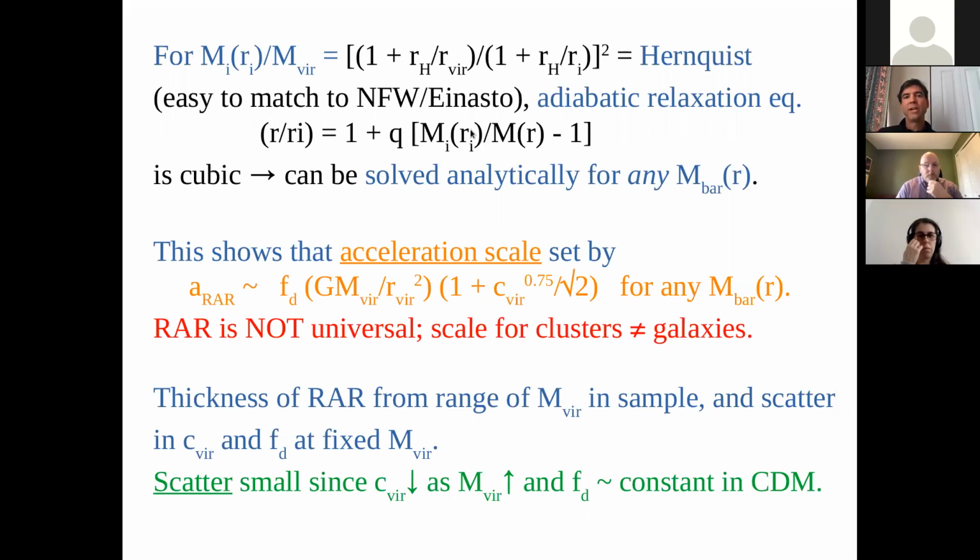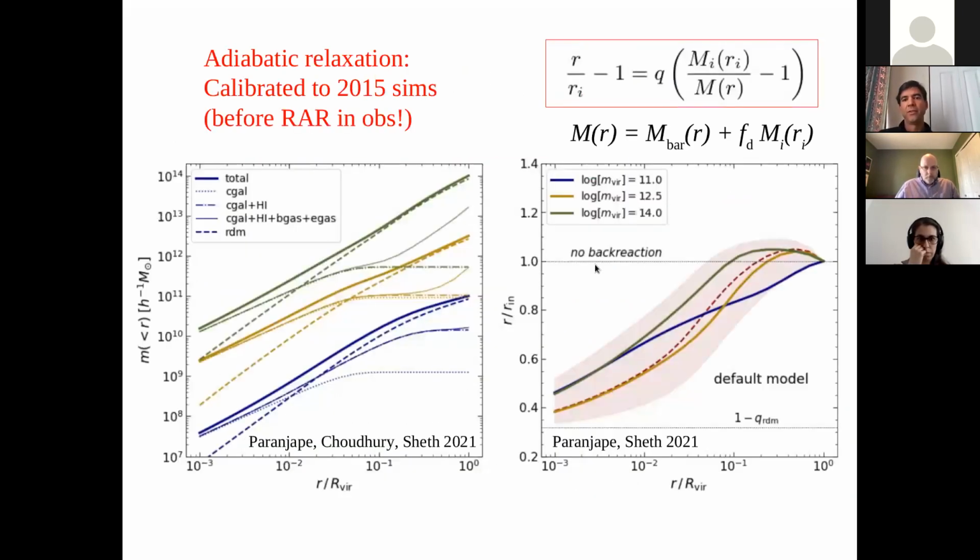And that cubic equation can be solved. It's cubic, so you can solve it analytically for any baryonic distribution. Okay, so that means the simulator can tell you what this quantity is, and you can just solve analytically what should be these curves. Okay.